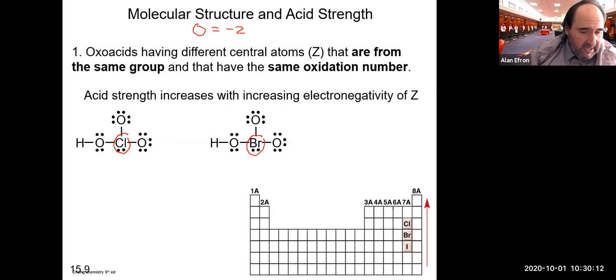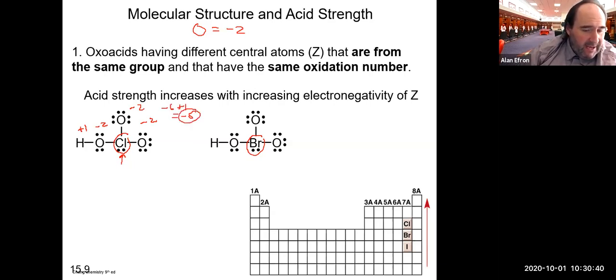So if I were to assign oxidation numbers for my chlorine here, I would start at the oxygen, it's -2 in terms of its oxidation state. This oxygen is -2. This oxygen is -2. Hydrogen is +1. Adding all that together, that's -2, -2, and -2, that's -6, and +1. So -6 + 1 gives me -5.